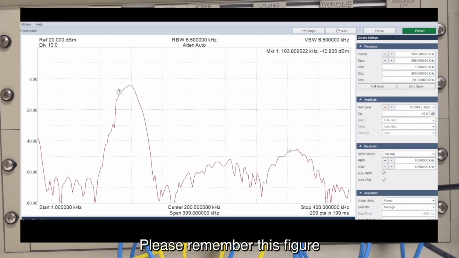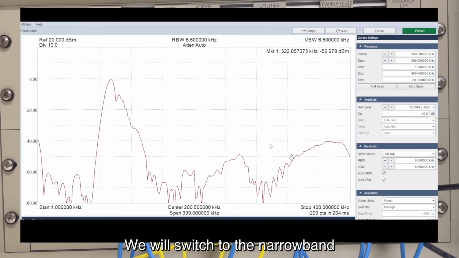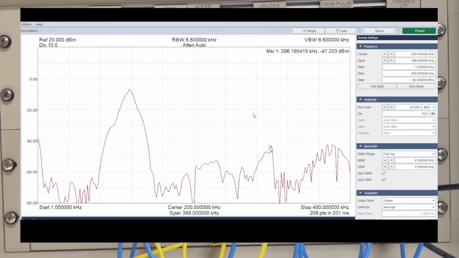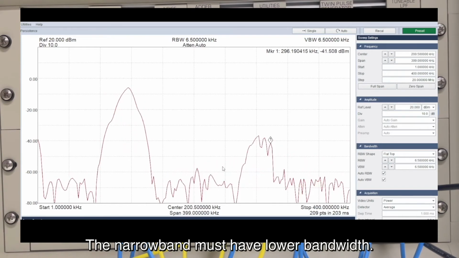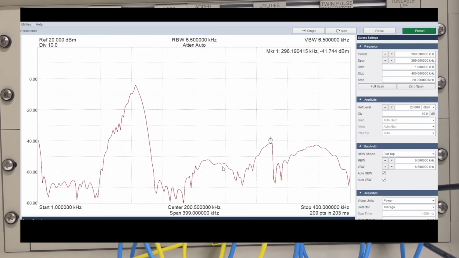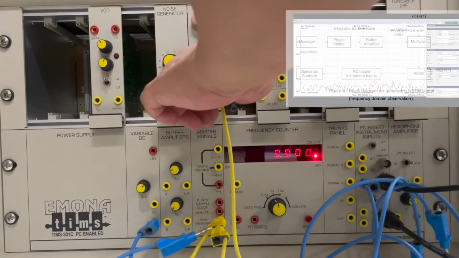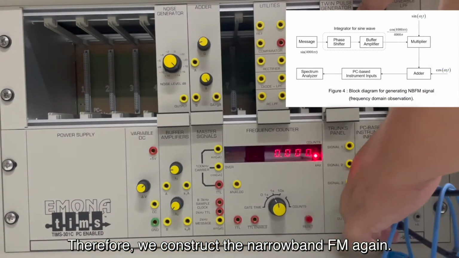Please remember this figure. We will switch to the narrowband. The narrowband must have lower bandwidth. Therefore, we construct the narrowband FM again.